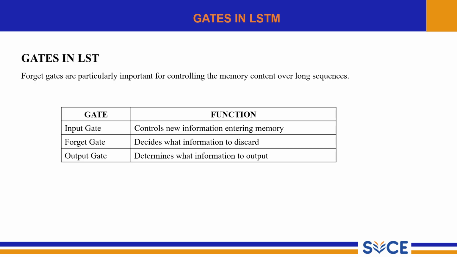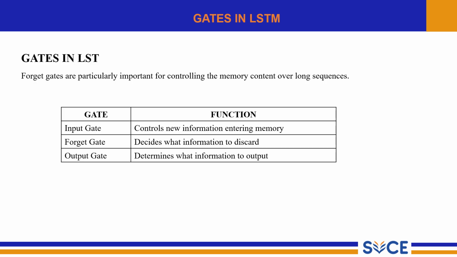And the second one is the forget gate. It plays an important role in managing the memory. Its main job is to decide which information from the previous memory should be retained and which should be discarded. This is extremely important because not all past information is useful for future predictions.